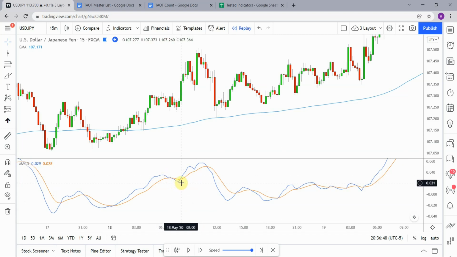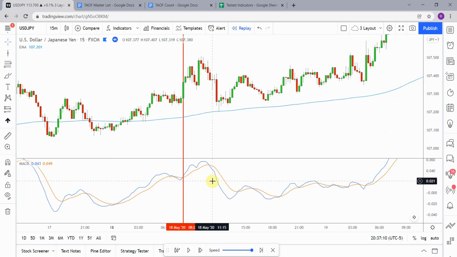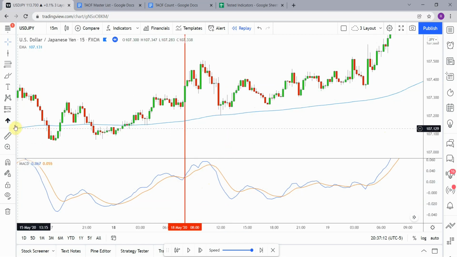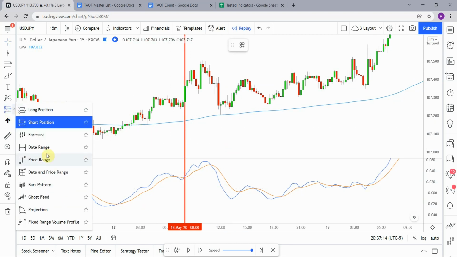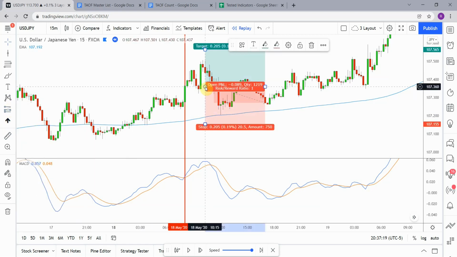Then we see that it crosses back up above the orange line right on this candle. And that would be our signal to then enter. So we're looking for the cross of the MACD to the upside. The MACD's position relative to the histogram has no meaning. And so all we're looking for is the cross of the lines. And then at that point, we would be looking at a long position here.